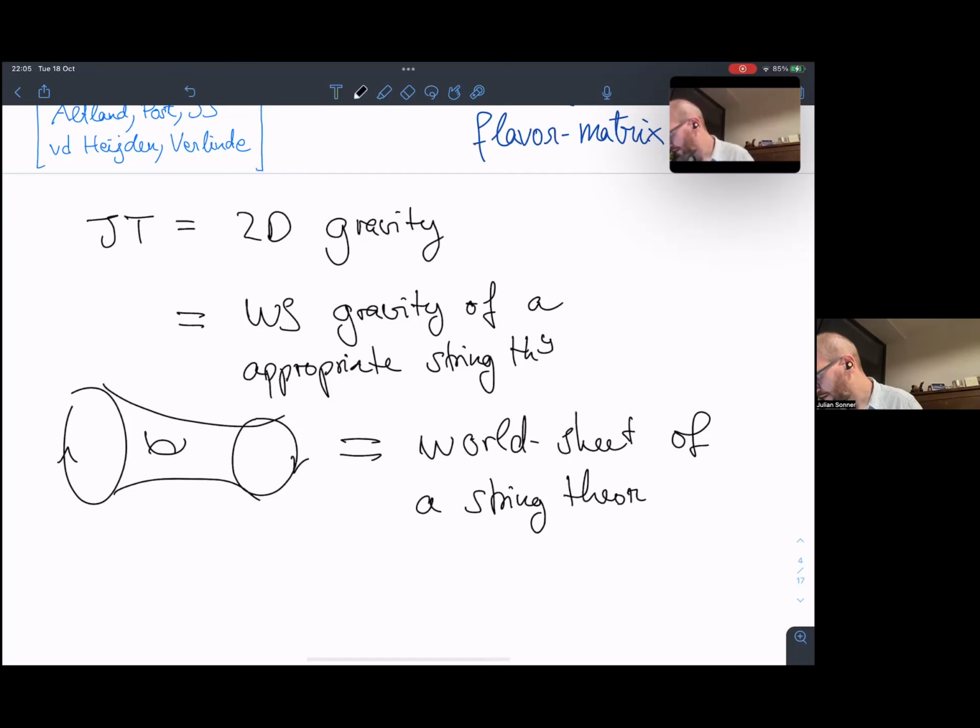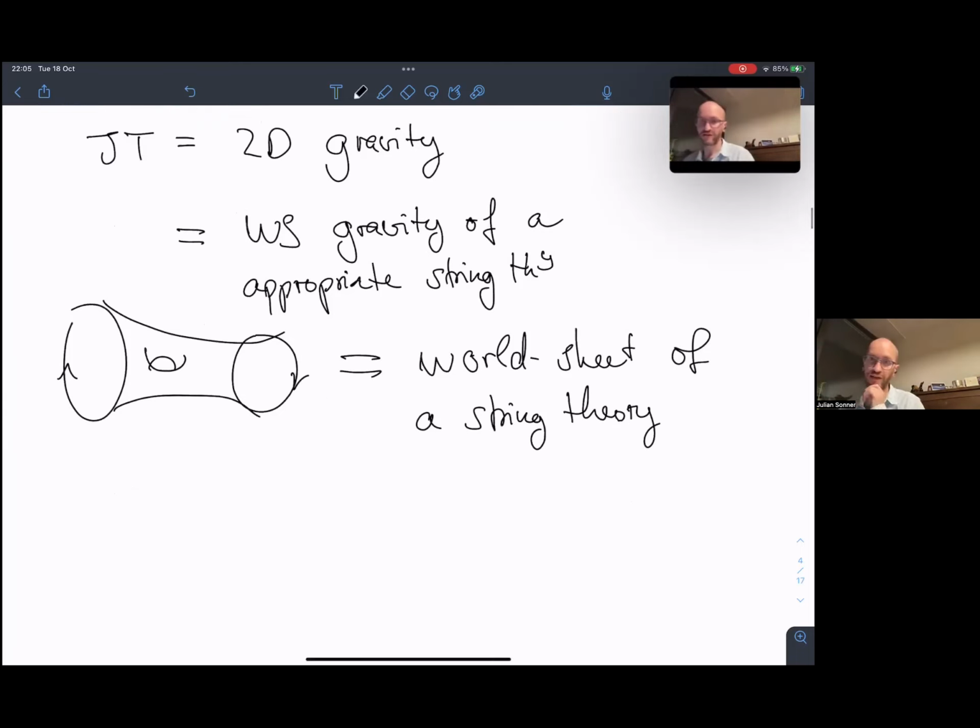Okay. And there's actually two ways of going there. One way is one that has been explored by Turiaci and by Mertens and by people around them, Blommaert, I think, as well at some point.